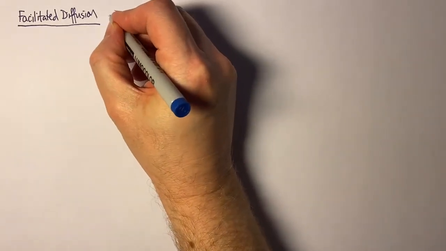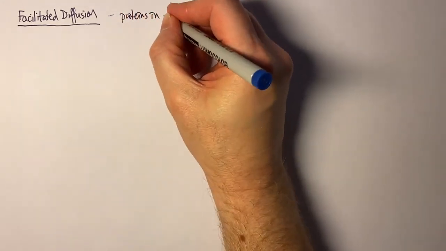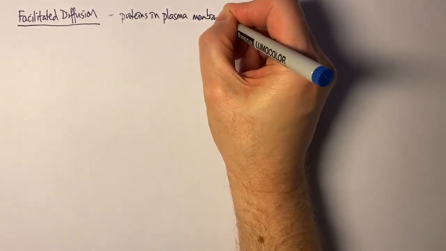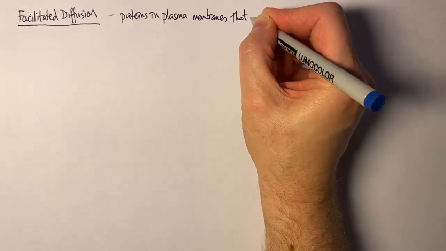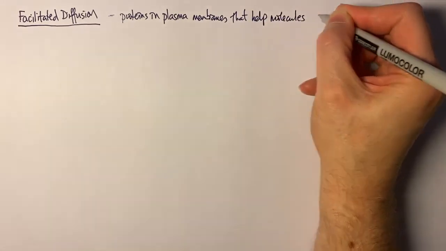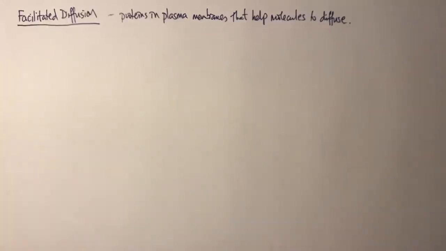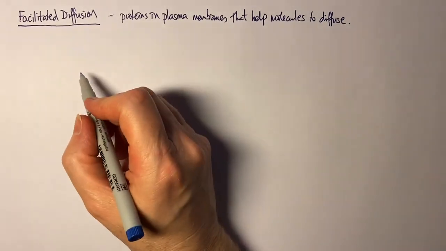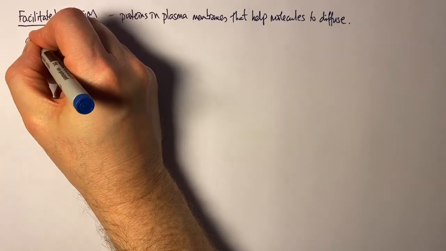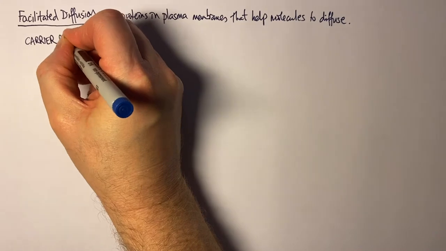So these use proteins in plasma membranes that help molecules to diffuse. And so there are a number of different types, but one type we talk about are carrier proteins.